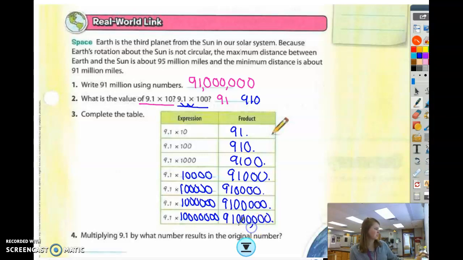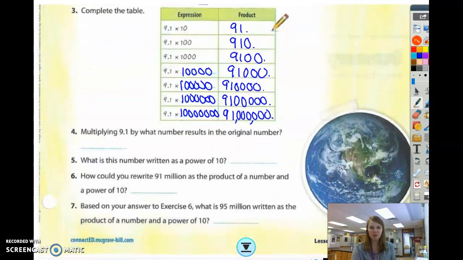So these are commas. 91 million. Wow. So what they're asking now, it says multiplying 9.1 by what number results in the original? Well, 9.1 by what number? The original number was 9.1, so you could say by 1.